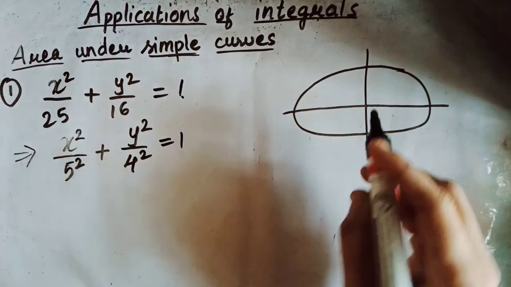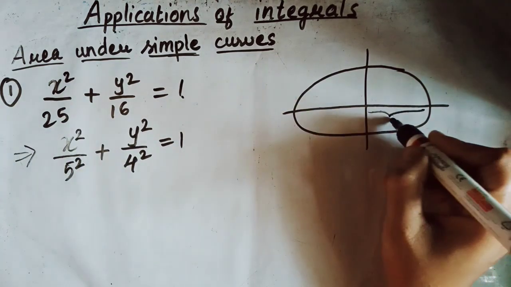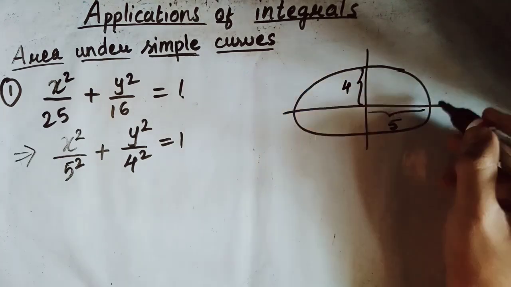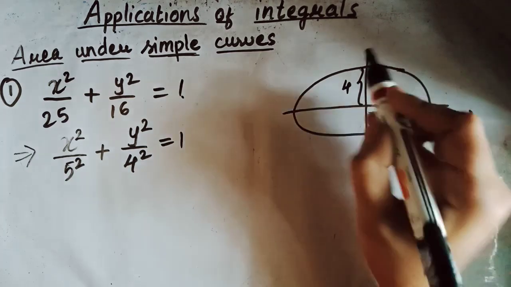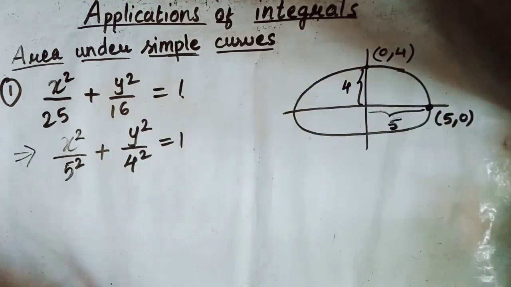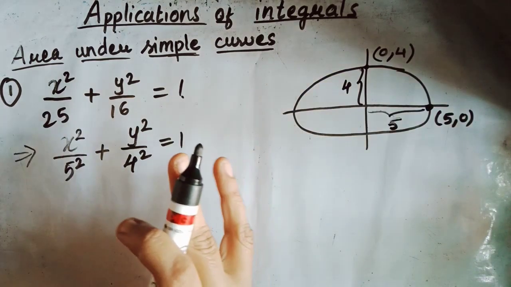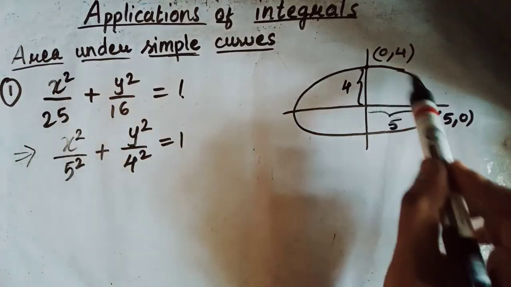So your a is 5 and b is 4. So this point will be (5, 0) and this point is (0, 4). Now let's solve. You have to find the area bounded by this ellipse.